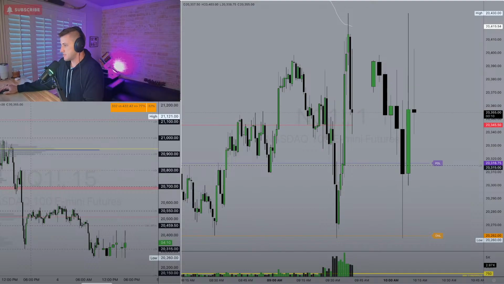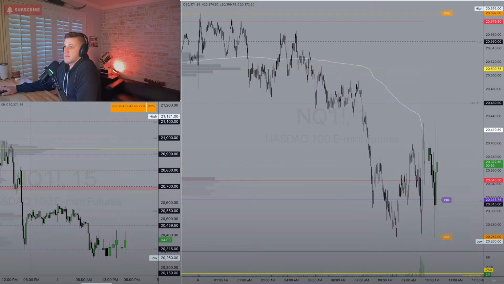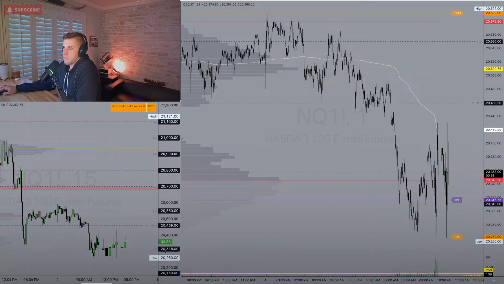Looks like the bot is short as well. How's our profile looking? We'll probably see that volume point of control shift here momentarily.